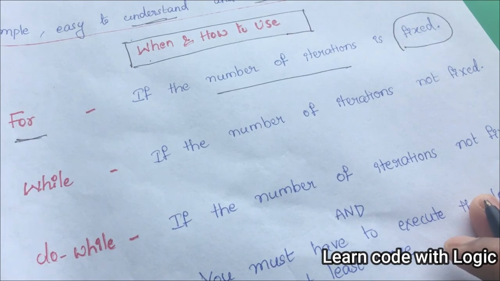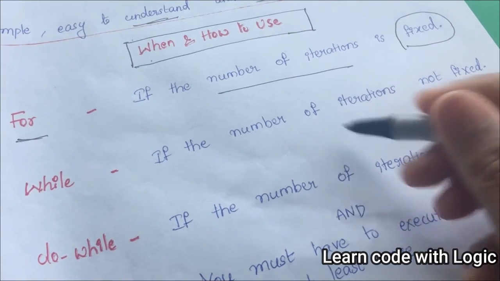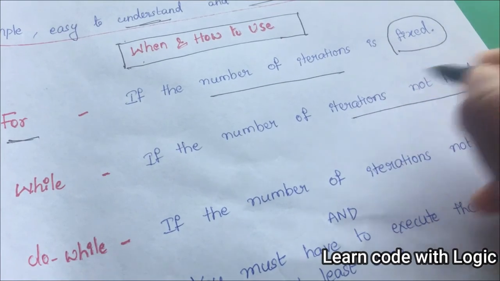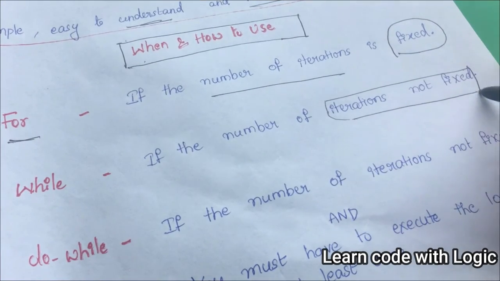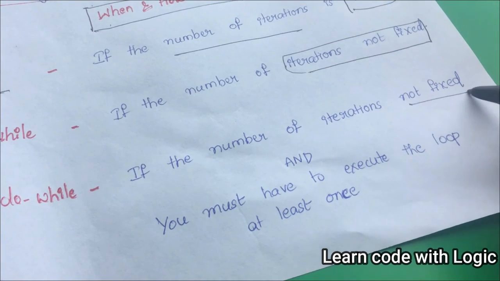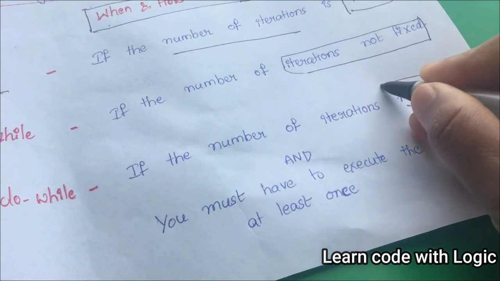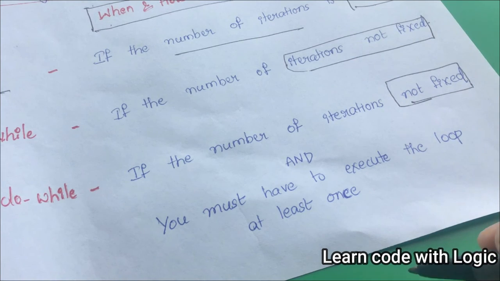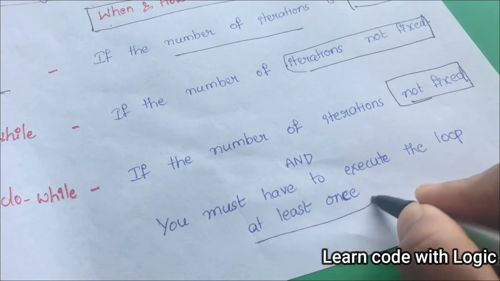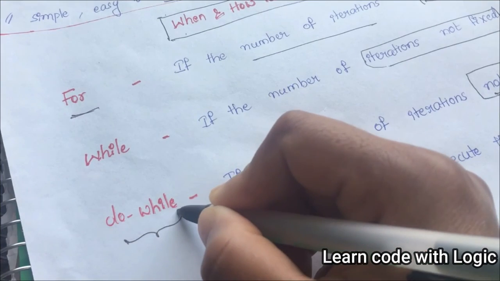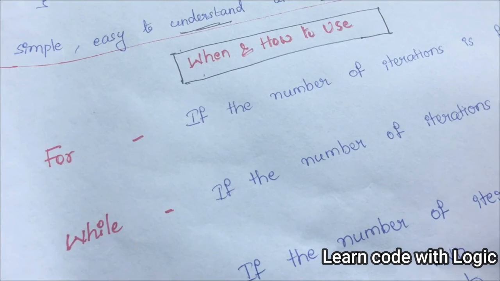If you don't know how many iterations we need to do, in that case it's preferable to use while loop, and if the number of iterations is not fixed. And also, if you need to execute the code at least once, in that case we need to take do while loop. This of course completely depends on the requirements.